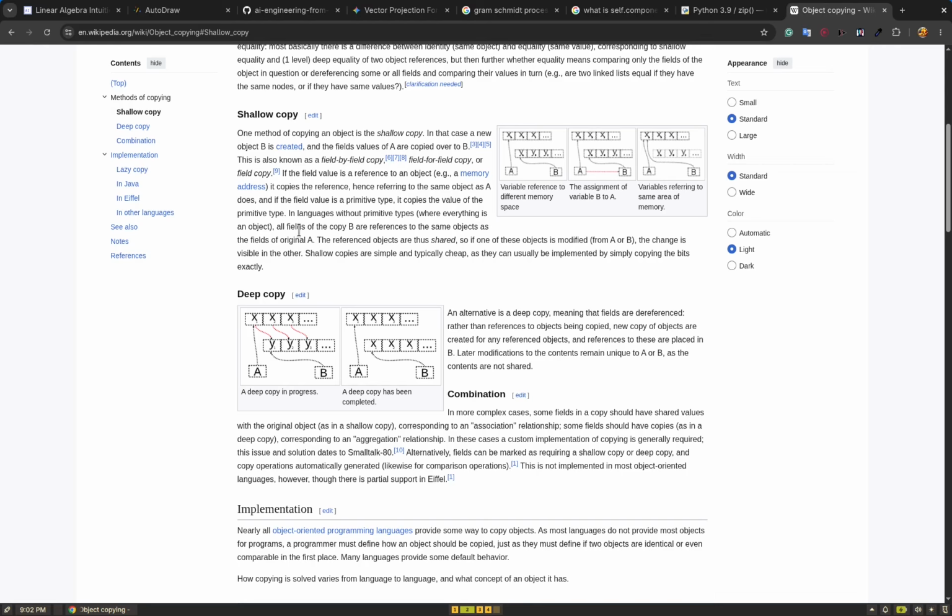So essentially, it creates a new memory and a new object and copies all the values from the previous object into the new object. But if the previous object has a reference variable inside it, like another object, it does not copy the internal object. Instead, it only copies the reference to that object.